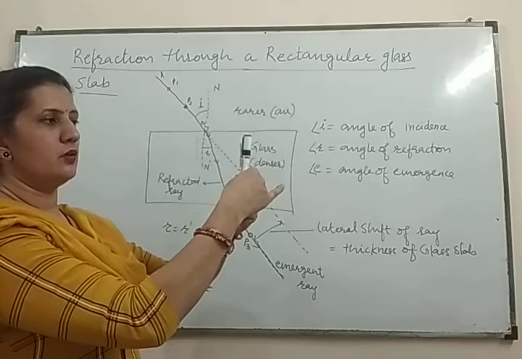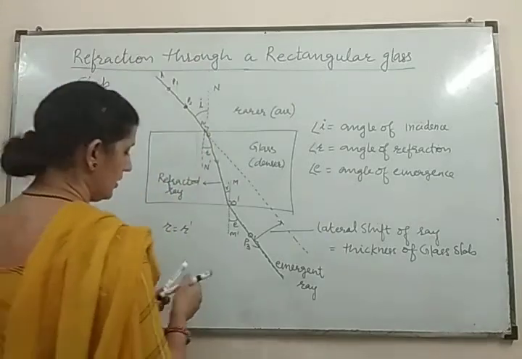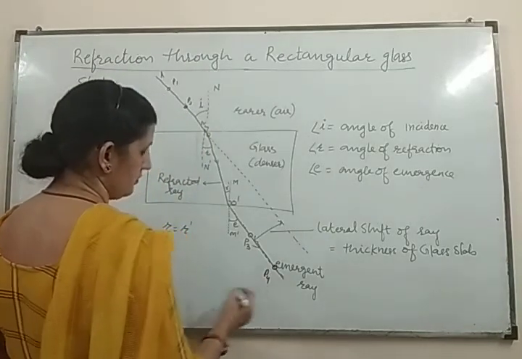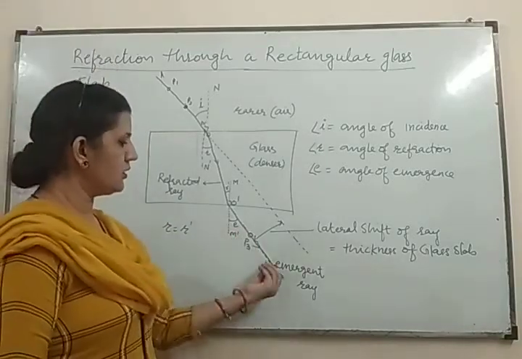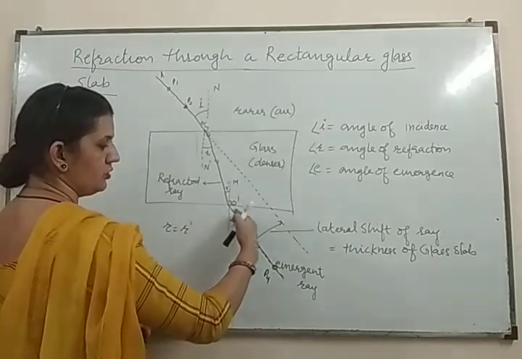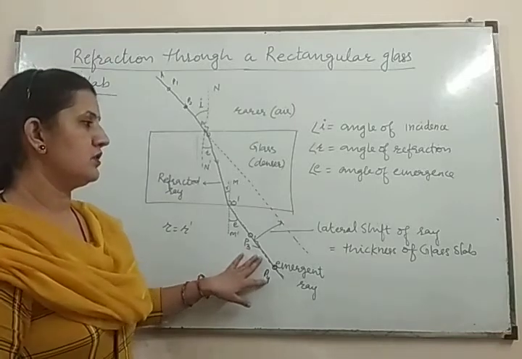Find the position and mark pin P4 there. After that, remove these two pins, make circles with a pencil and draw a line joining these two circles, and you will have the emergent ray.